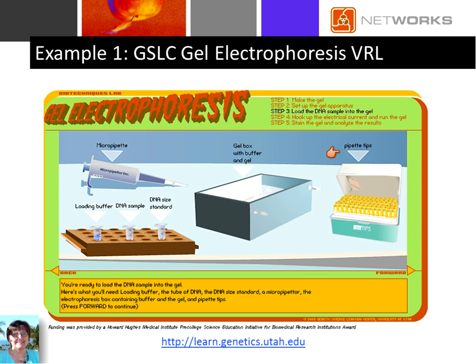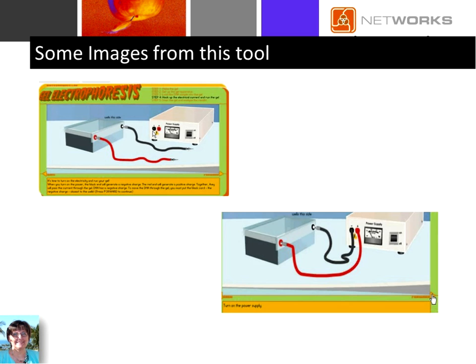When they are done with the process, they click on this triangle to move on to the next step. So what they are going to see during this process is the actual protocol that they have to perform, with very well labeled tools so that they can have an idea of what it is that they are doing.